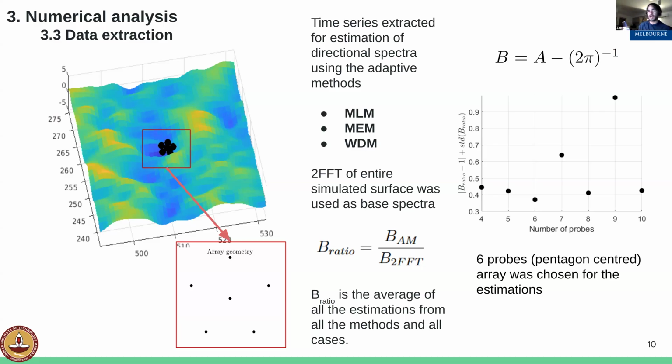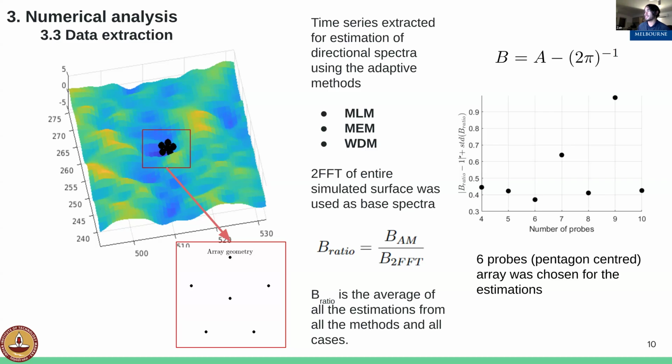To see the performance, we estimated the ratio of the spreading coefficient obtained from the adaptive method to that obtained with the Fourier analysis, with the Fourier spectra. We averaged the estimations of all the cases with all the methods for each array. For the performance test, we want this ratio, and we came up with this expression. Since we're using the average, we also have the standard deviation.